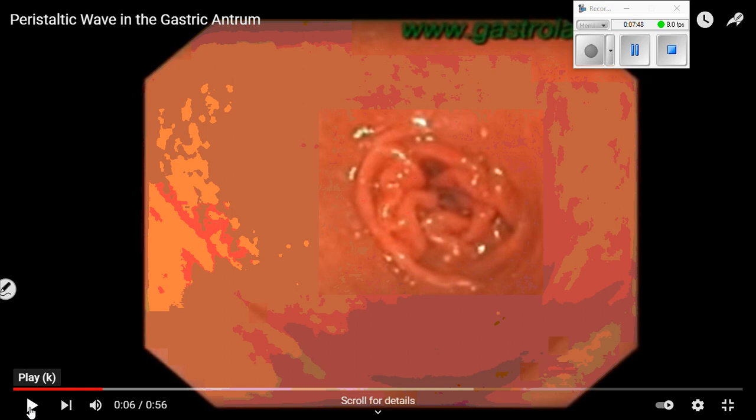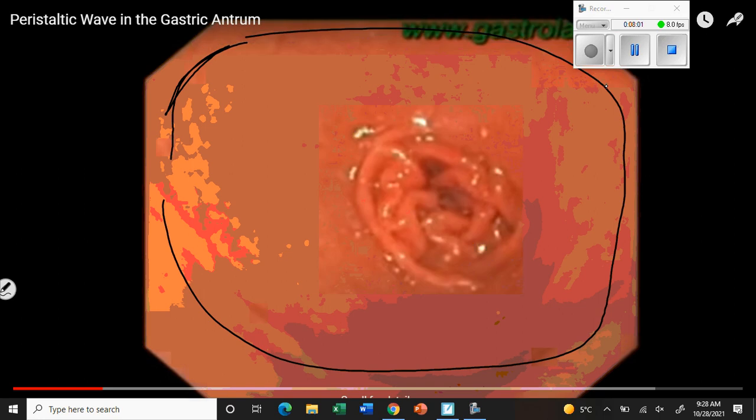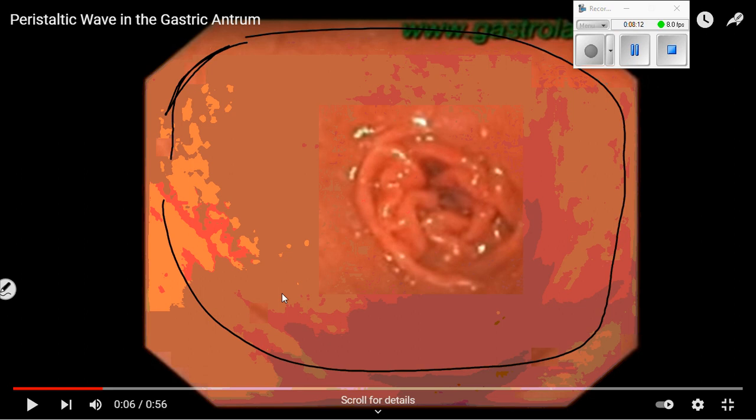So what you're seeing here is the last little wave of contractions that's gone by. And what you'll notice is out here on the outside, around here, you're going to see a new contraction start, and you can imagine that it's like a wave that ripples down towards the bottom of the esophagus.